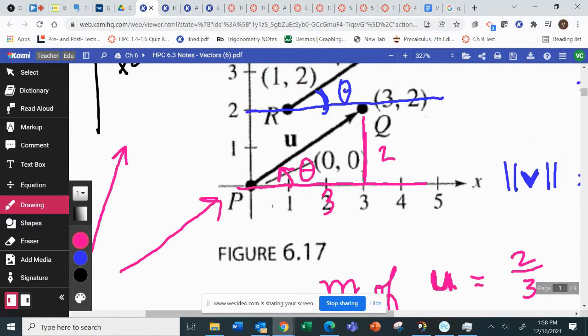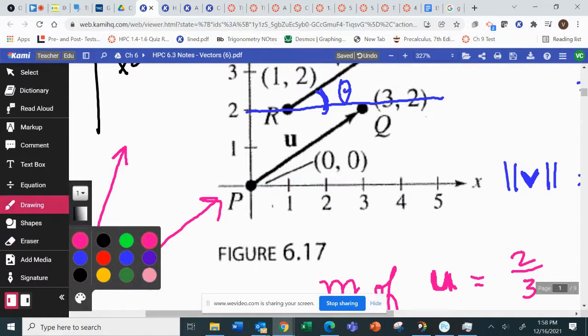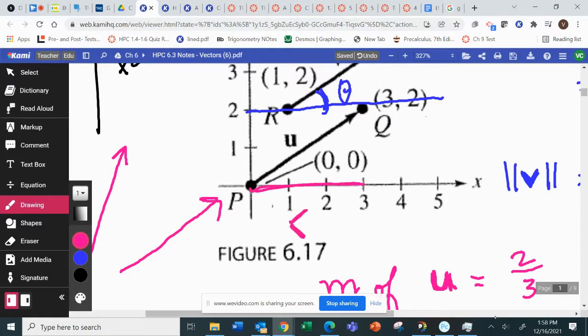Let's look at the one that has super easy numbers before you all tell me the wrong answer like you already did. From P to Q, if I'm just thinking horizontally, what am I doing from P to Q? Only horizontally. We're going to the right 3. So this component form is going to be 3, comma. What am I doing from P to Q vertically? We're going up 2. So that's going to be comma 2. That's the component form of U.